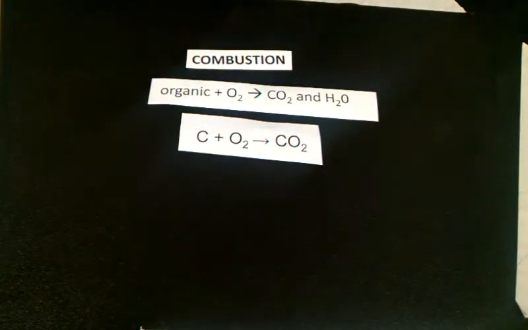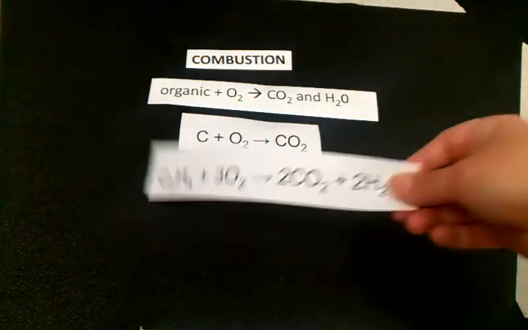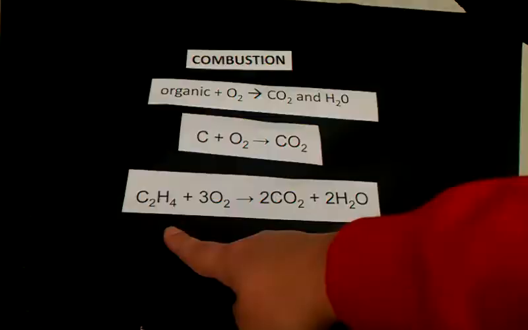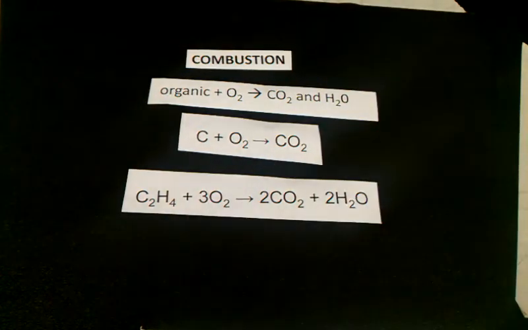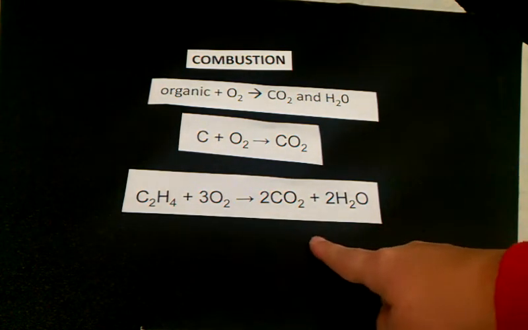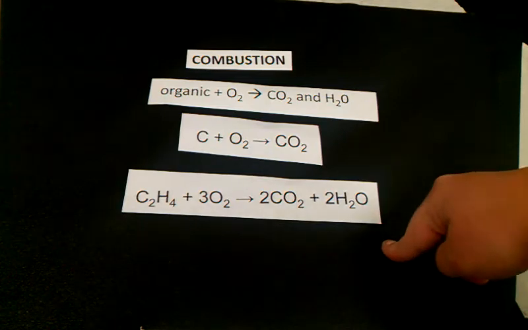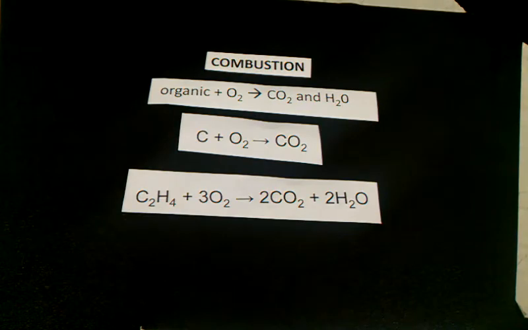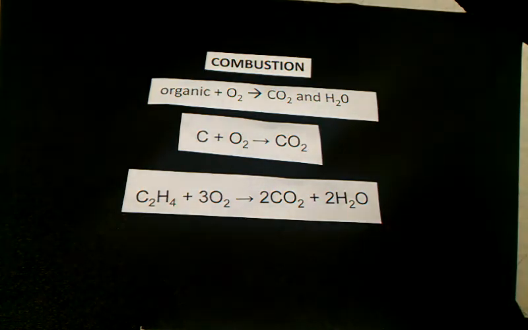But if you have any other organic, then there's probably going to be some hydrogen in there. Here you've got ethene, remember that from the end of our last unit, reacting with oxygen to produce carbon dioxide and water. And since this is a combustion reaction, remember there's going to be a ton of heat and light produced. So that's what it means to combust.